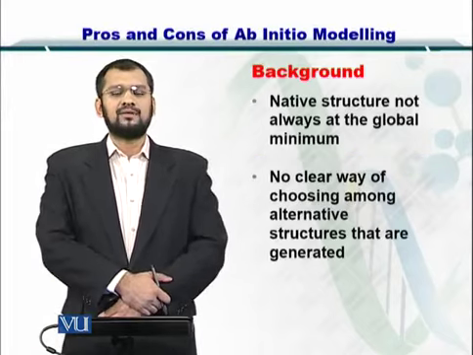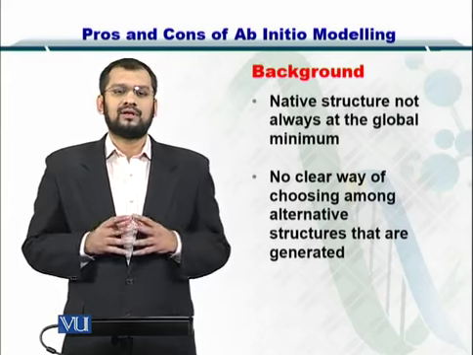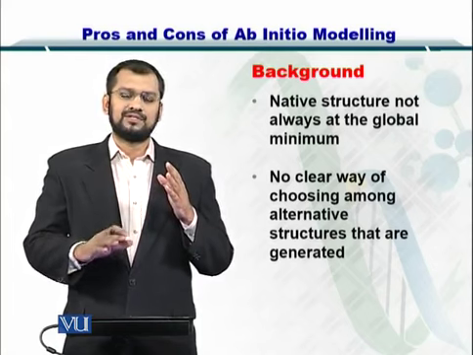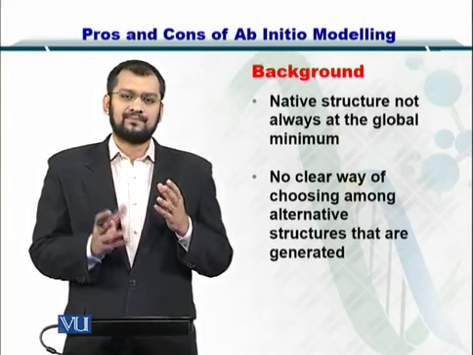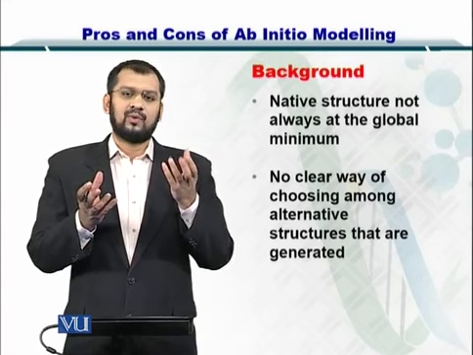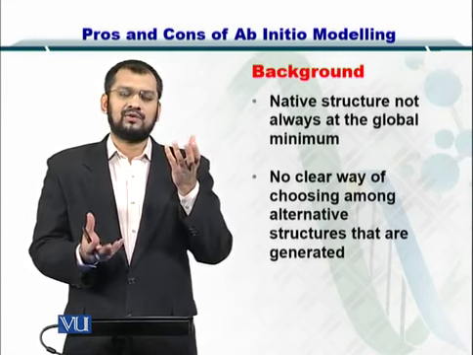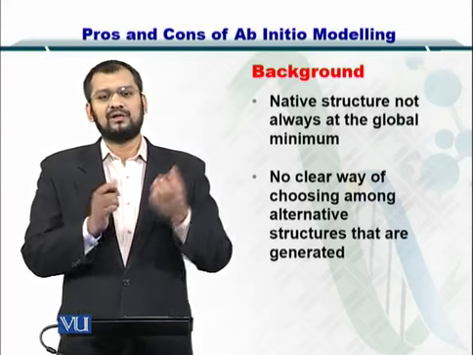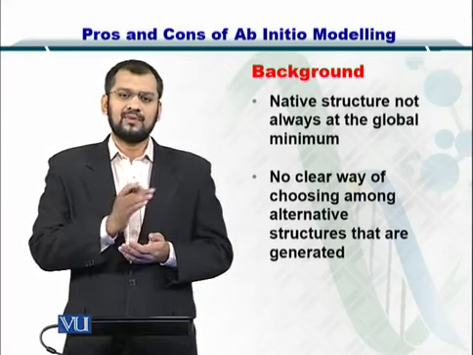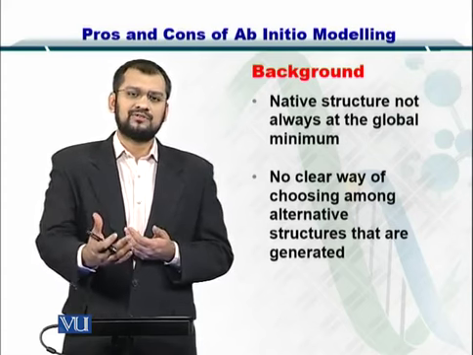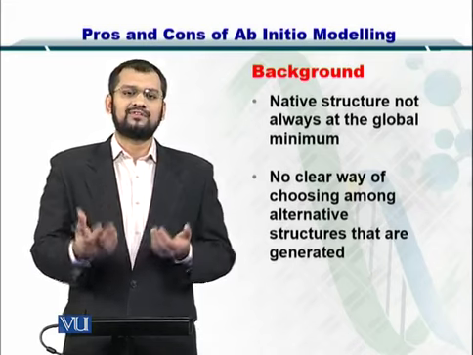So to start with, you know that in ab initio modeling, you are trying to minimize the energy of the predicted structure. So if you have two protein structures, one with a higher energy and one with a lower energy, then you're obviously going to select the one with the lower energy. But then there was a problem: how do we know that this protein structure has indeed the lowest energy?